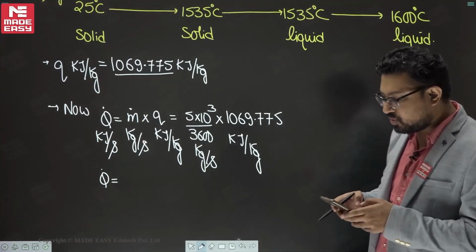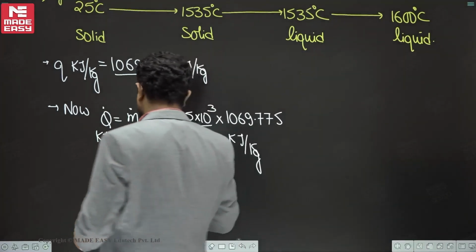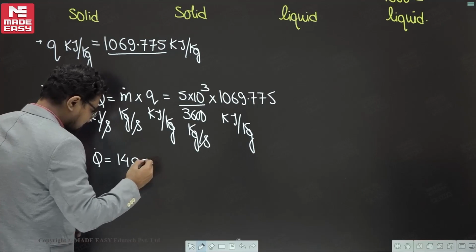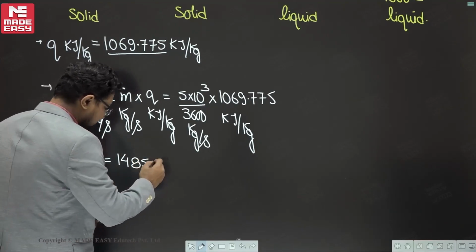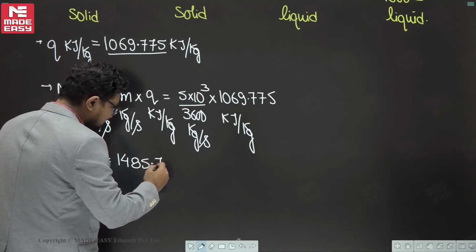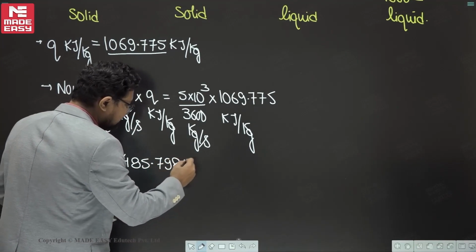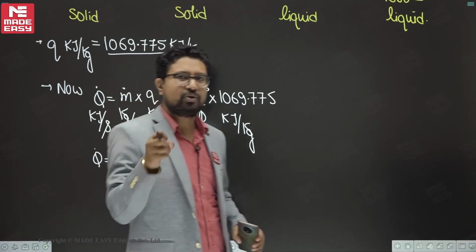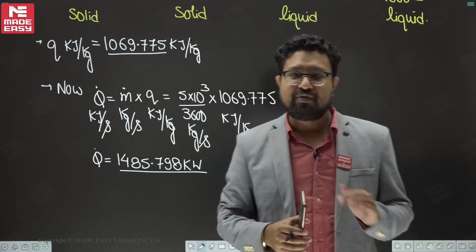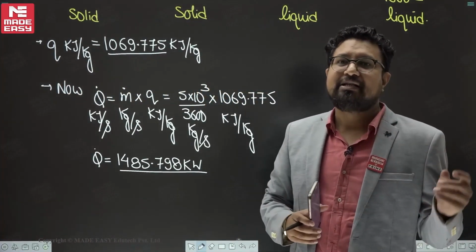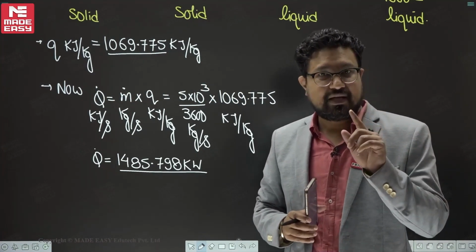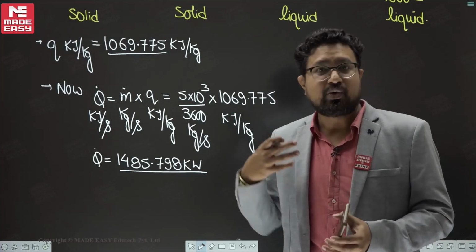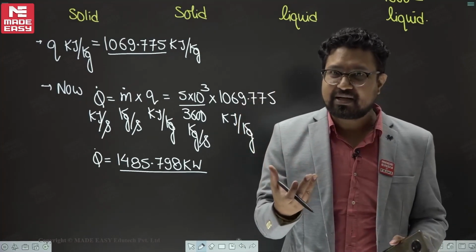So, it is 1485.79798 kilowatt. This is the rate of heat supply which we need to give to the iron. But we know that the electric furnace has to supply this heat. So, you need to supply power to the electric furnace.